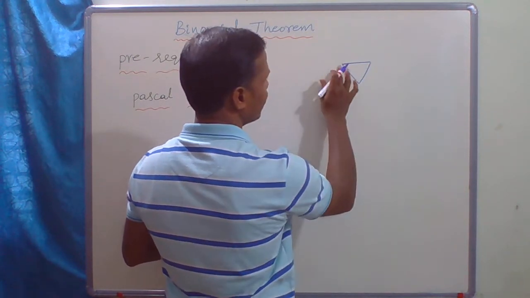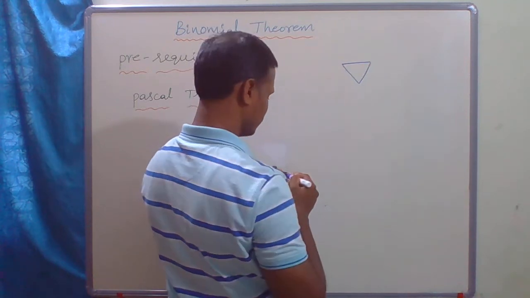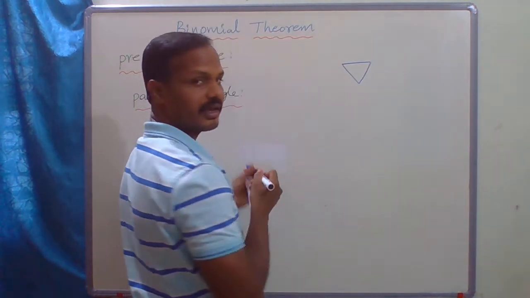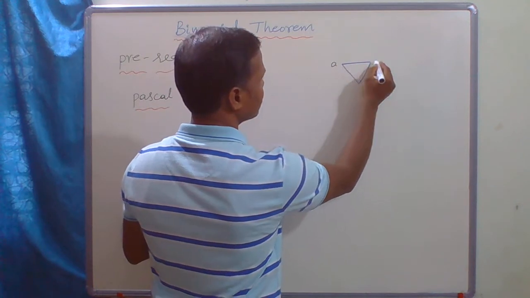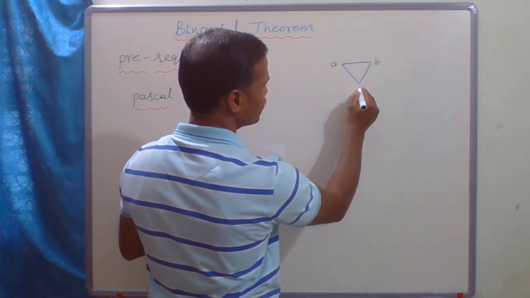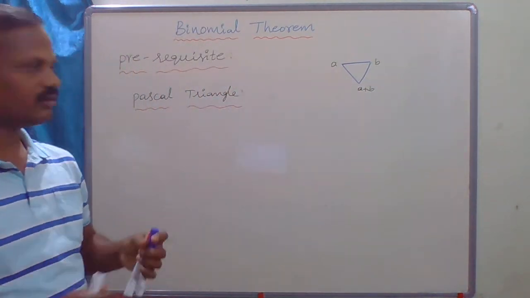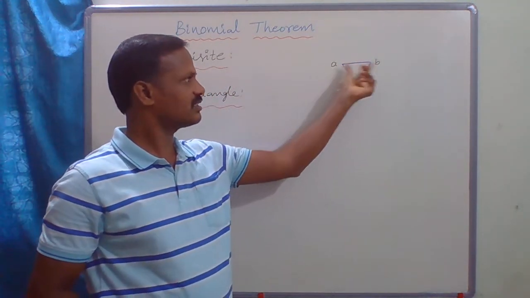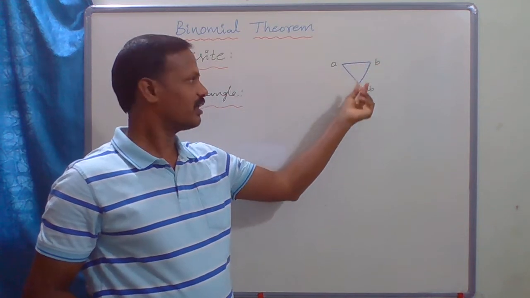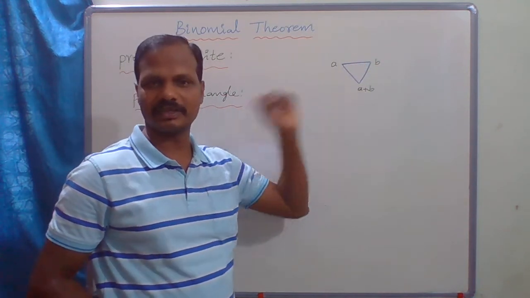Now these vertices are A and B. This is A, this is B. Then the sum of these two, that is A plus B, is the third vertex. This is a triangle with vertices A, B, and then the third vertex is A plus B.